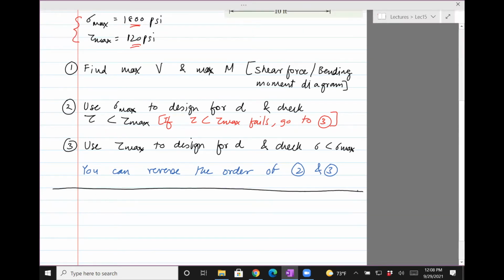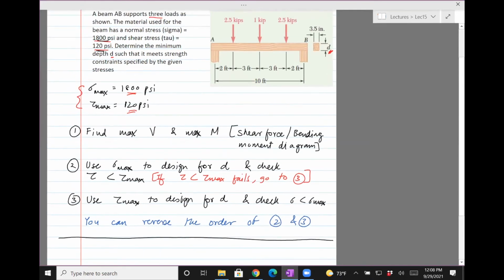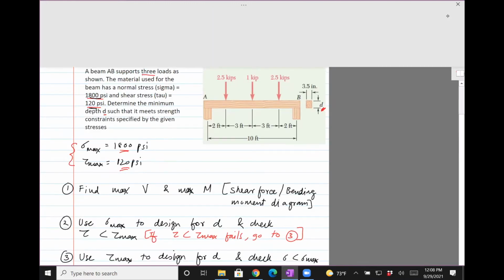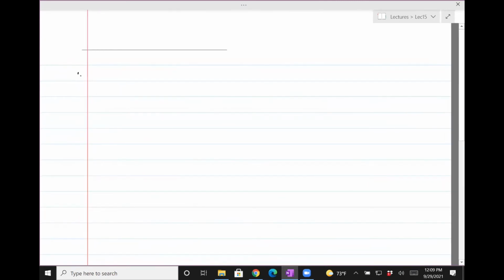Okay, so step 1, shear force and bending moment diagram. Let's do that first. So I'll redraw that figure and then draw the shear force and bending moment diagram. Step 1, let's call that 1A, reaction forces. Before you do the shear force and bending moment diagram, you need the reaction forces.